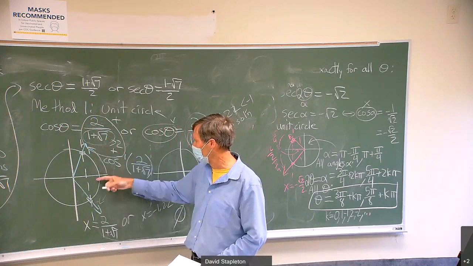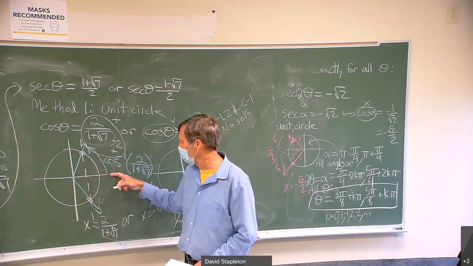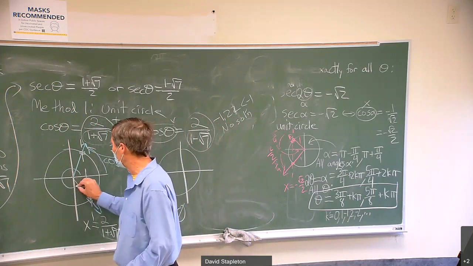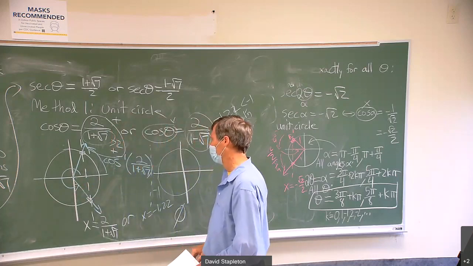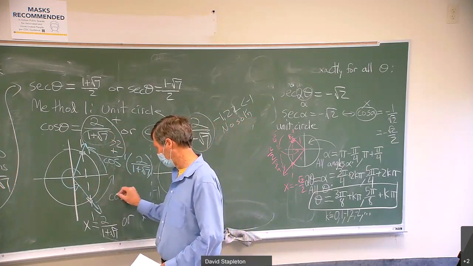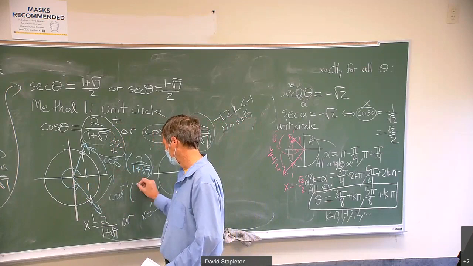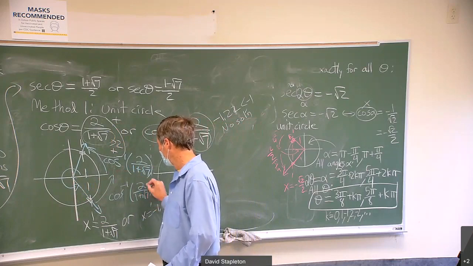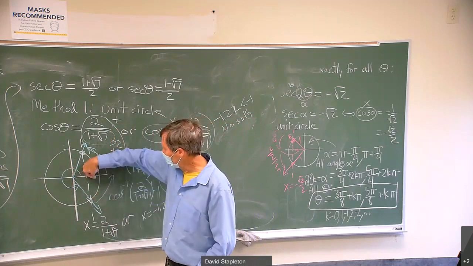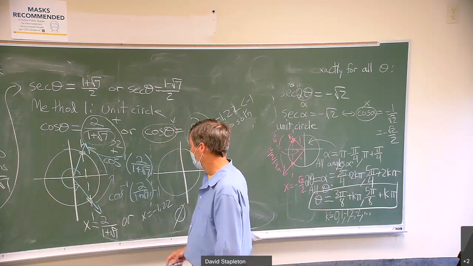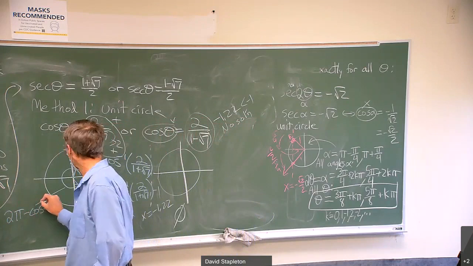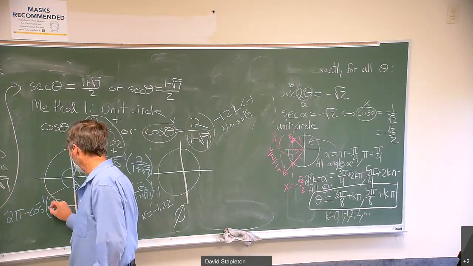If this is arc cosine and this triangle and this one are congruent, then this must be minus arc cosine. But that's wrong because it's negative. So instead, I have to take this one all the way around here. And what's that? Well, by symmetry, this is also the arc cosine if I go the same direction. Going this way would have been minus the arc cosine. And so I have 2 pi rotation less the arc cosine. There it is: 2 pi minus arc cosine of 2 over 1 plus square root 7.